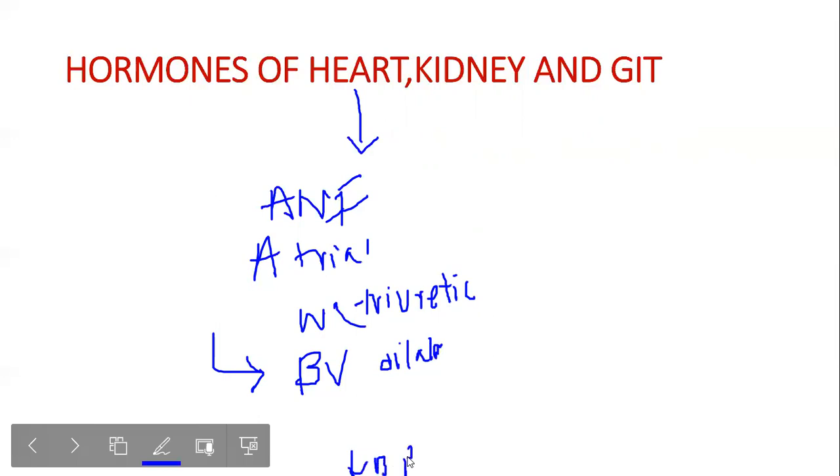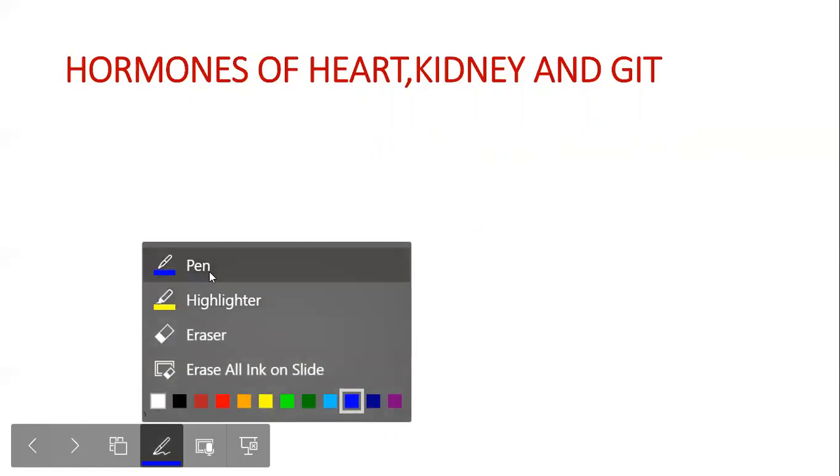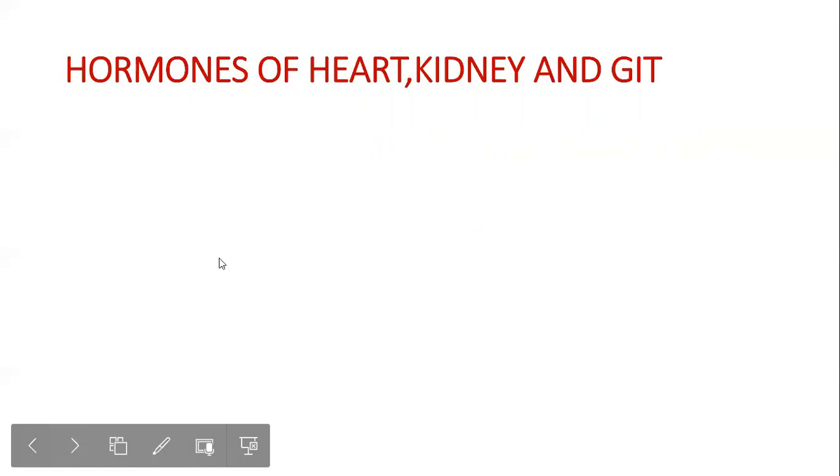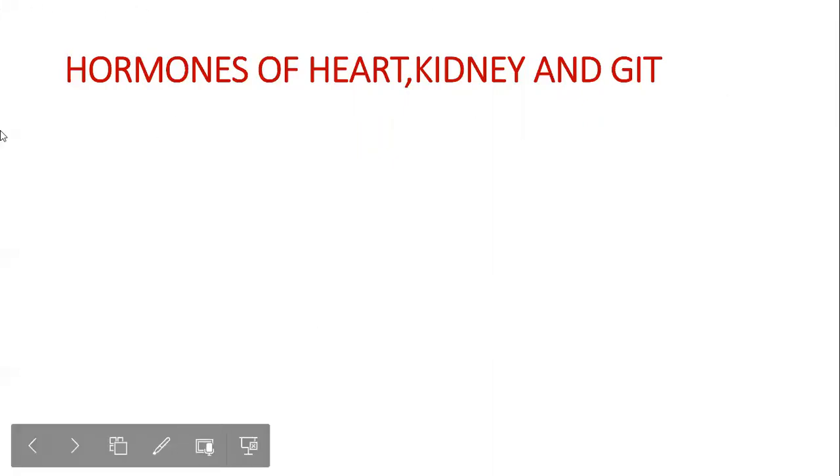I'll explain how it does this. Whenever there is high blood pressure in our body, ANF is secreted so that it reduces BP, by helping to dilate the blood vessels.